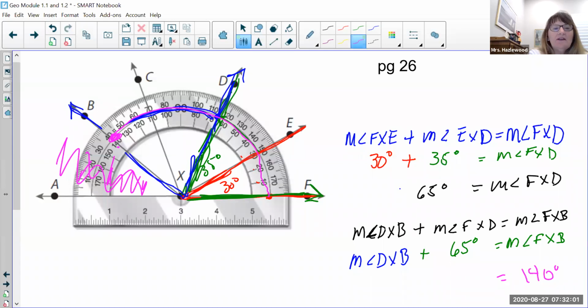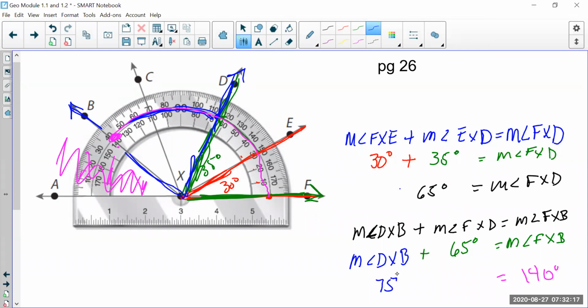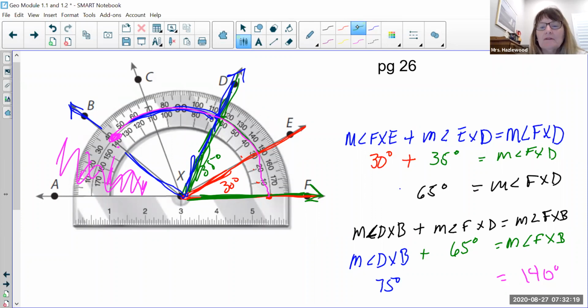All right. So each of you may have gone about it a different way. Isaac, what did you get for the measure of angle DXB? 75. Okay.